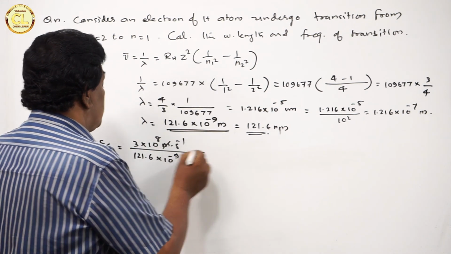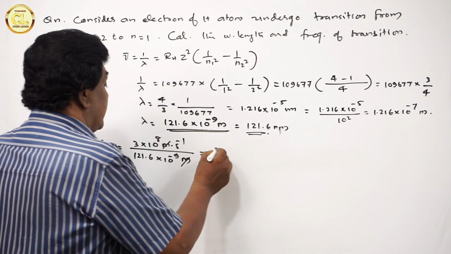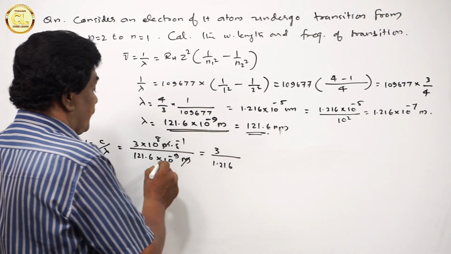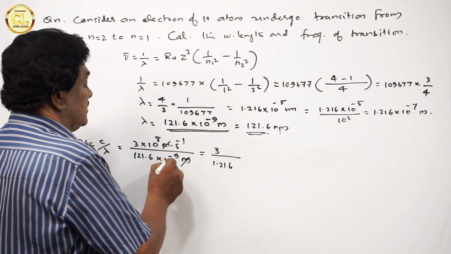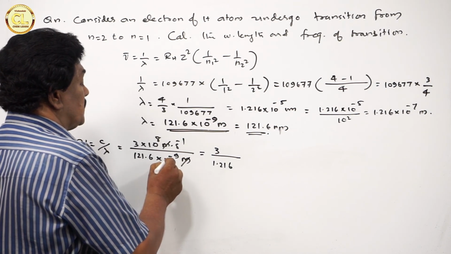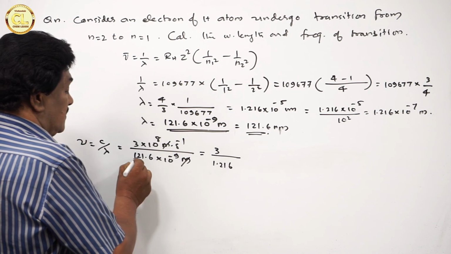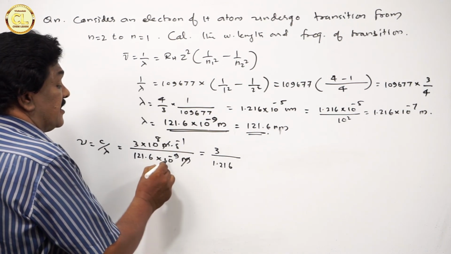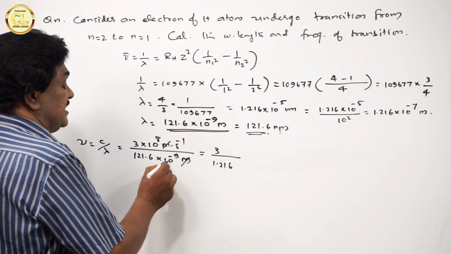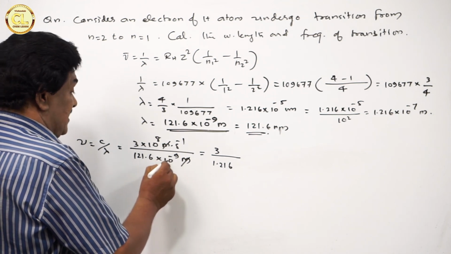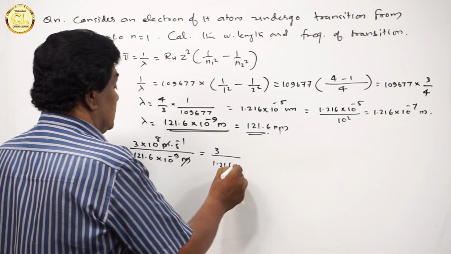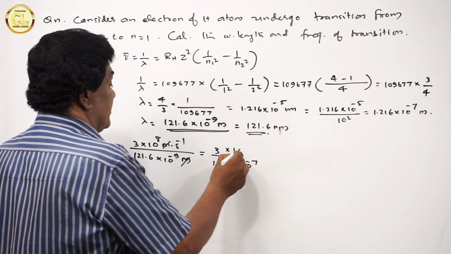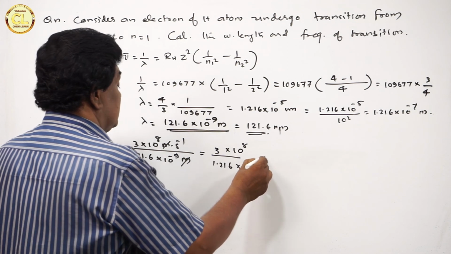We get 3 by 1.216 into, see, this is 10 raised to minus 7. Why? Because 10 raised to 2 is taken from here. 10 raised to 2 into 10 raised to minus 9 is equal to 10 raised to minus 7. So 10 raised to minus 7 into 10 raised to 8 per second.